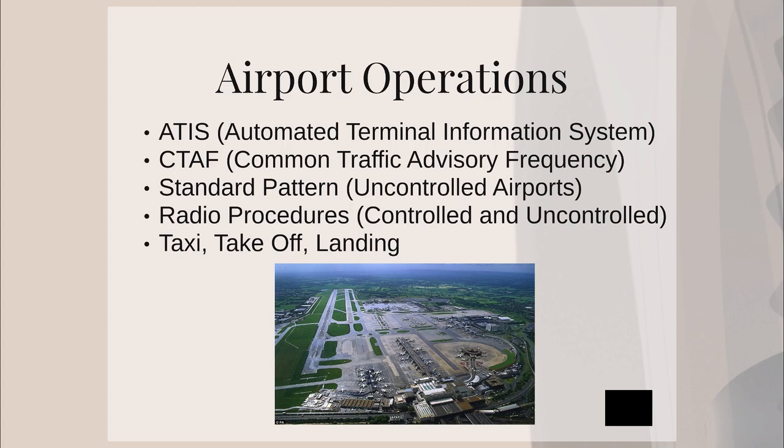So you listen, and at the end or the beginning of each transmission of ATIS, they will tell you a letter of the alphabet. So they might say information alpha, and then the next time one comes out, it would be information bravo, and so on.